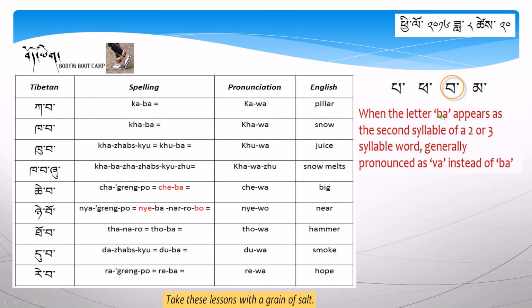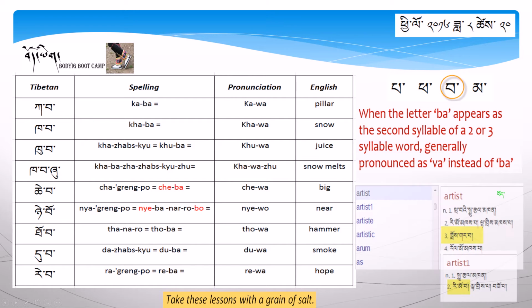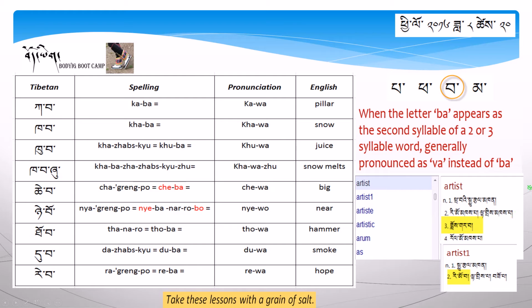So these are like when it's in a 2-syllable word. Now in a 3-syllable word, again the examples are here. Deogarwa means artists or dancers. Rimuwa means artists, those people who draw, or maybe painters. So in Tibetan we call it Rimuwa.